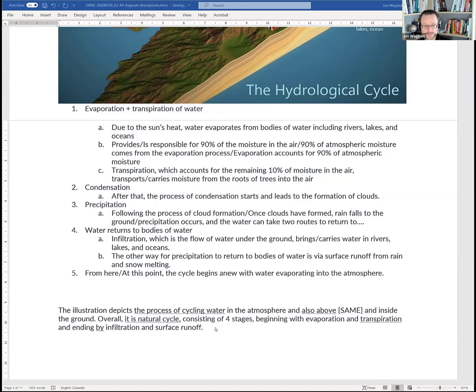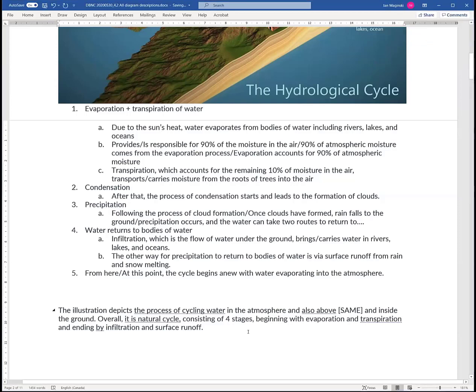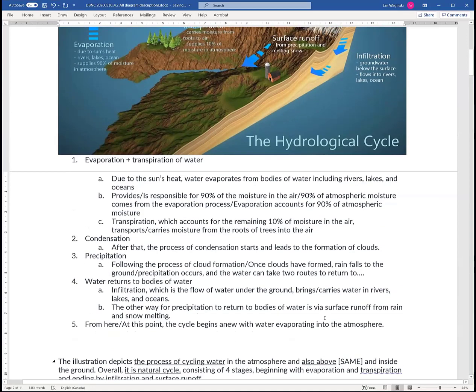The illustration depicts the process of cycling water in the atmosphere. It's a bit awkward. Let's see what language they use.